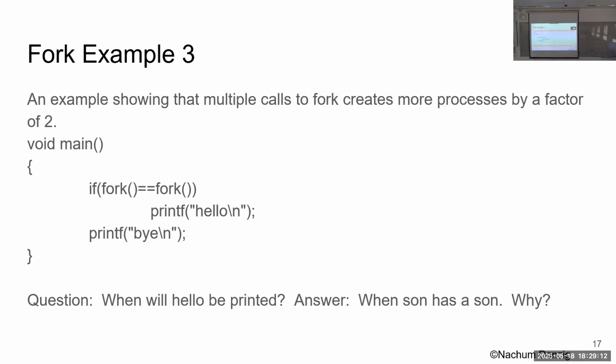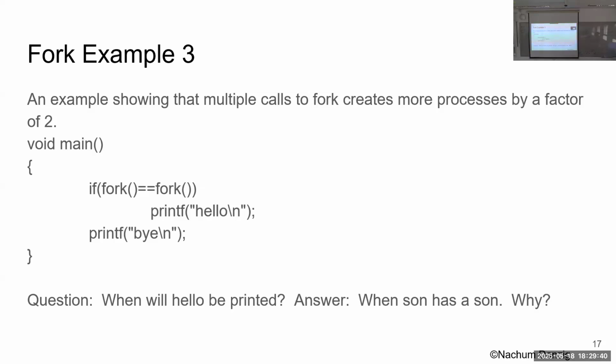Then it splits into two more, and one of those gets zero also. No, we said that there were two. I just explained what you said before. I thought you said there were two processes. I'm saying, I thought you were saying.